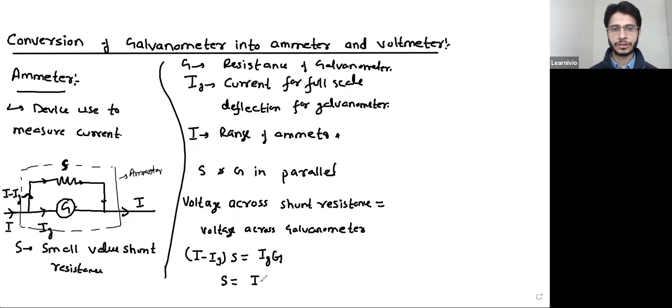So the shunt resistance S is IgG divided by I minus Ig.